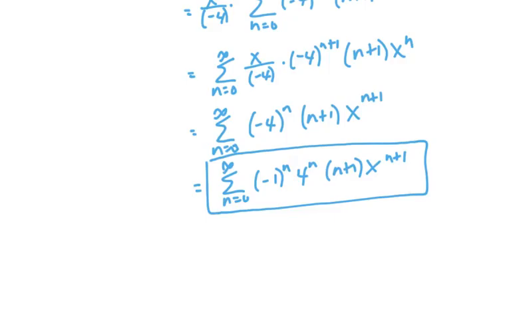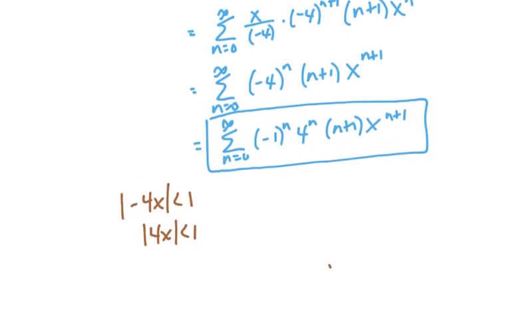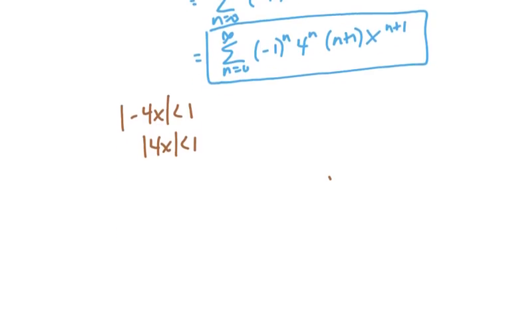So to talk about our radius of convergence, let's say the absolute value of negative 4x is less than 1. So this means the absolute value of 4x is less than 1. You could divide by 4 because it's a constant. 4 times the absolute value of x is less than 1. So the absolute value of x is less than 1/4. So our radius of convergence is 1/4.